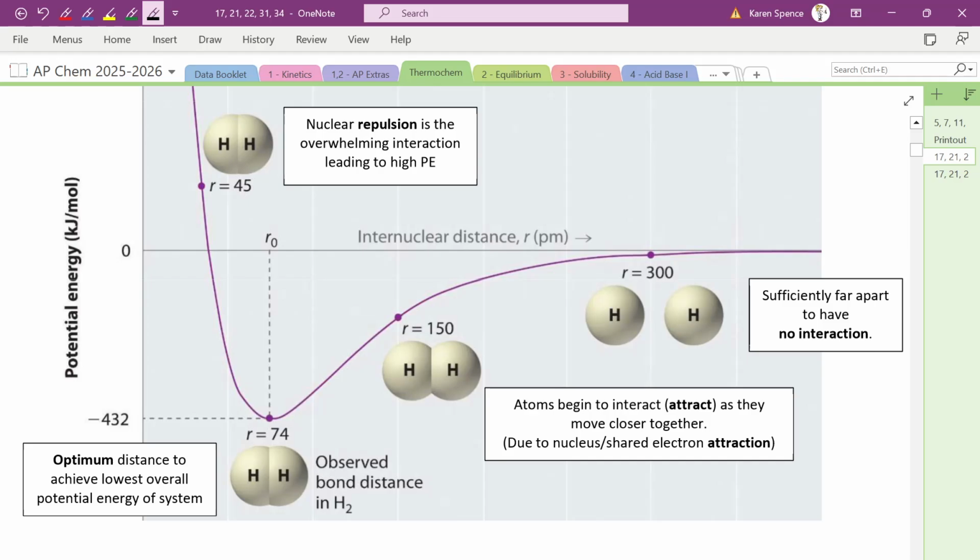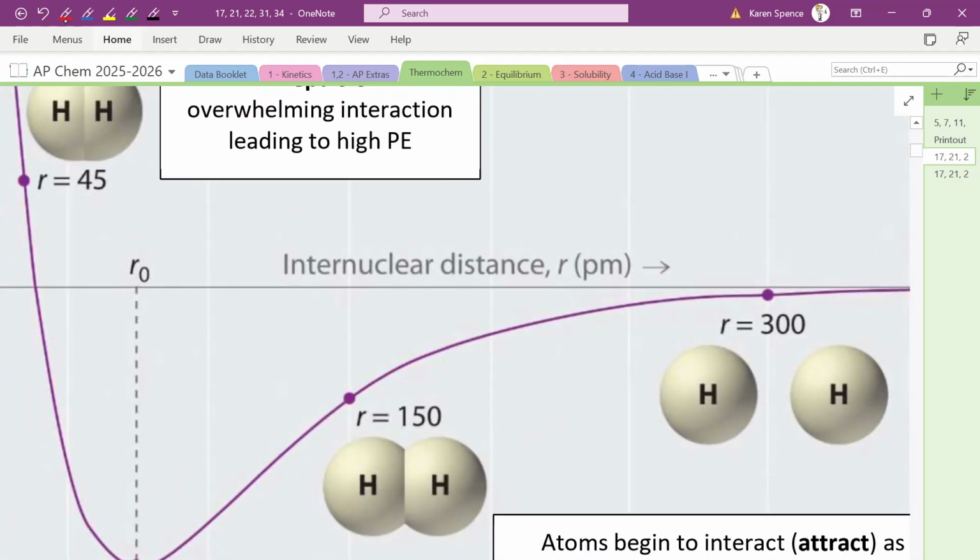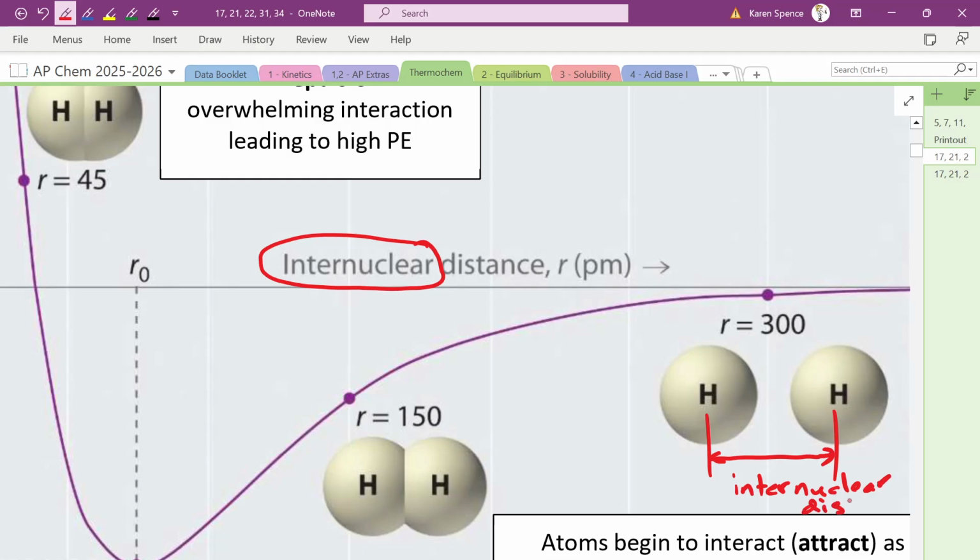This graph, along the x-axis, we have the internuclear distance. What is the internuclear distance? It is the distance between the nuclei. That right there is the internuclear distance.